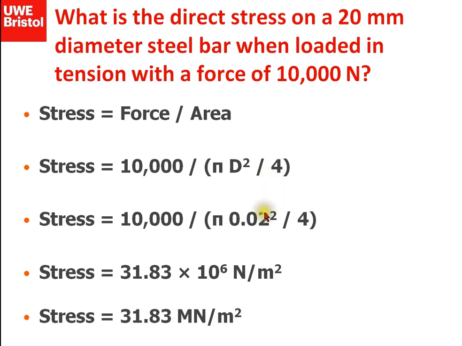You're less likely to make a mistake then. So I'm going to substitute those numbers in, and then I end up with a stress of 31.38 times 10 to the 6 newtons per meter squared. And so we'll drop it down to be in meganewtons per meter squared. So that's my stress value.